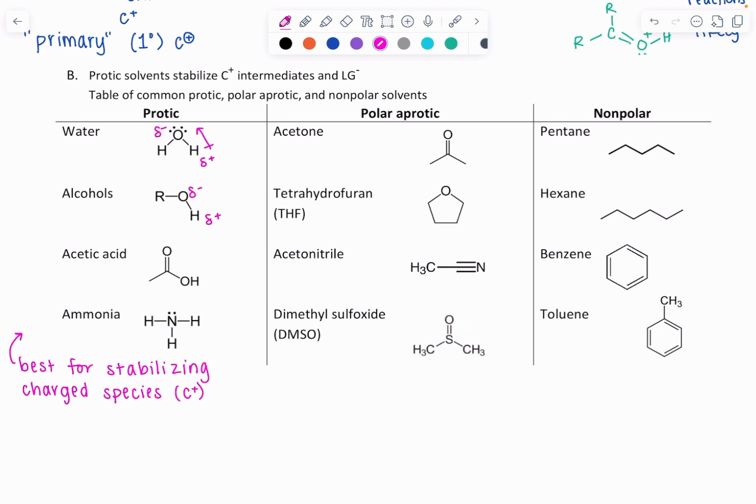So for example, if we have water, it has the partial negative near oxygen and partial positive near hydrogen. So when a carbocation is generated, there is some attraction and stabilizing interaction because we have opposite charges here. Partial negative oxygen is attracted to the positive carbon, and that's a stabilizing interaction.